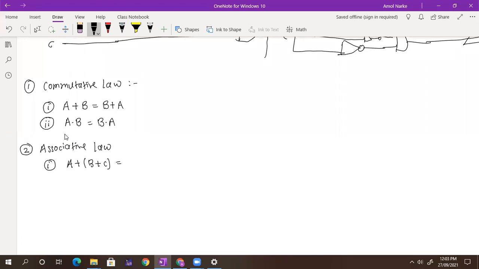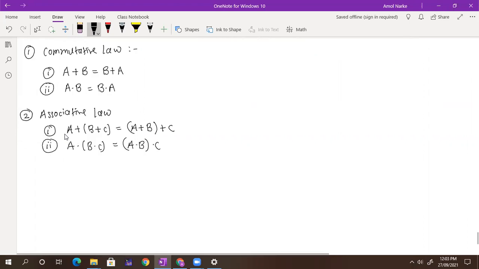A plus B in brackets, plus C. A plus B in brackets, and whatever you get, plus C. And the second one, with respect to dot: A dot B dot C, you are getting A dot B dot C. Okay, these are quite simple and you already know this one. Now the important distributive law.